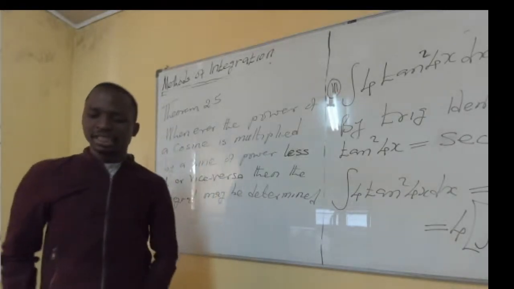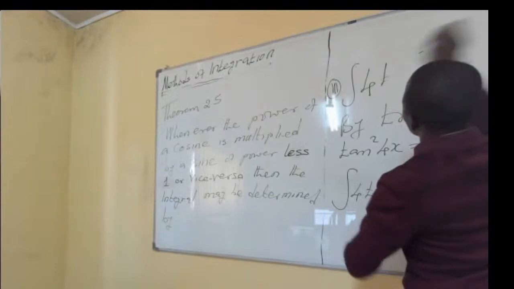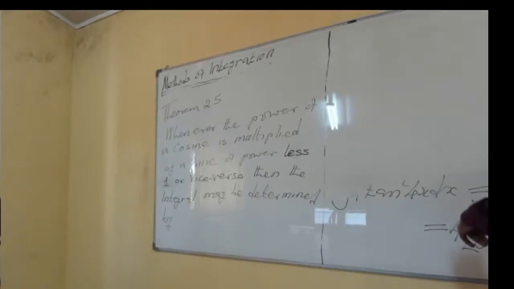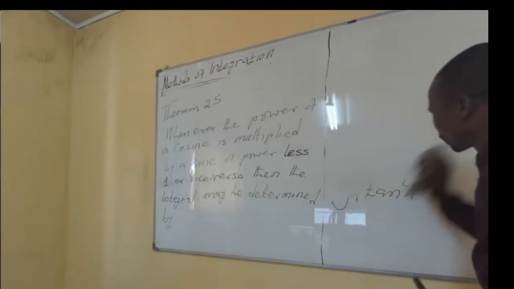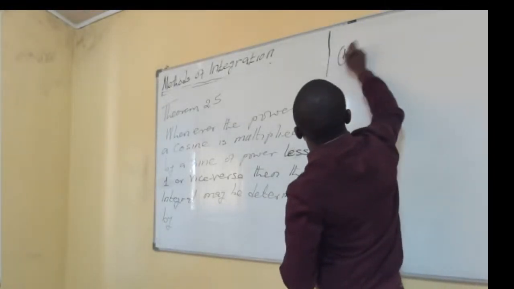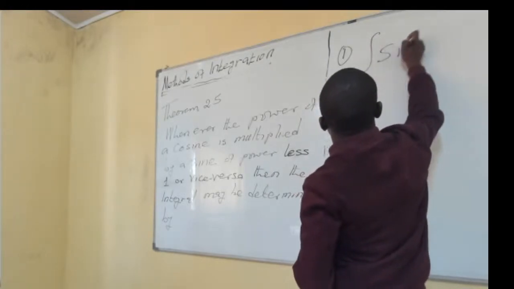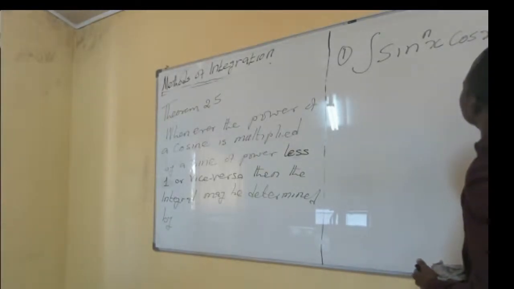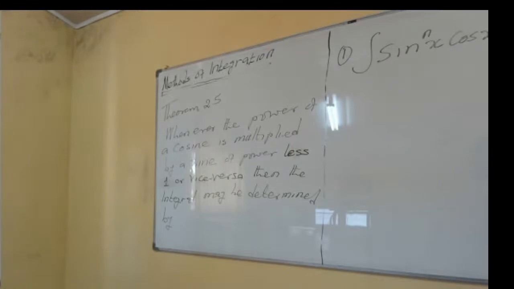Okay, so if you have this situation whereby the cosine function is multiplied by the sine function and the power of the cosine function is less 1 than the power of the sine function, or vice versa, then one, the integral of sine to the power n of x times the cosine of x with respect to x is equal to sine to the power n plus 1 of x over n plus 1 plus c.